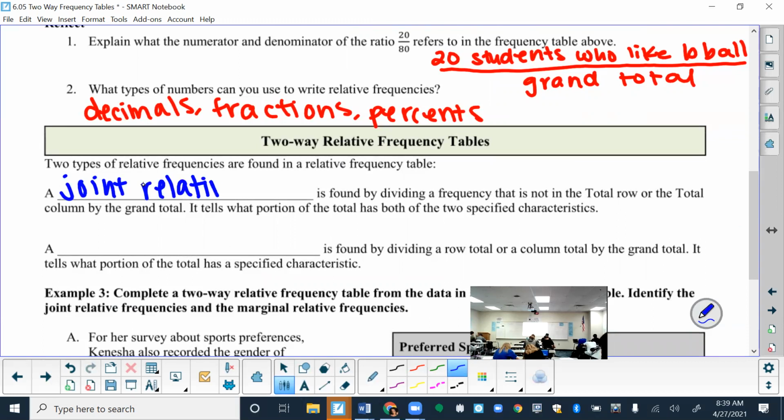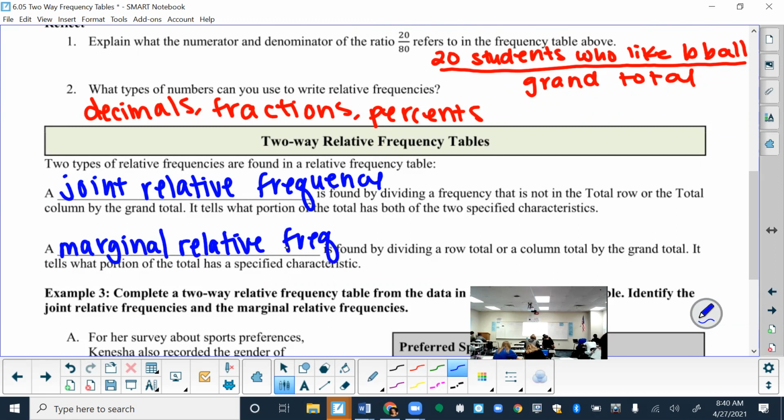And the second definition, the other blank, is going to be a marginal relative frequency.